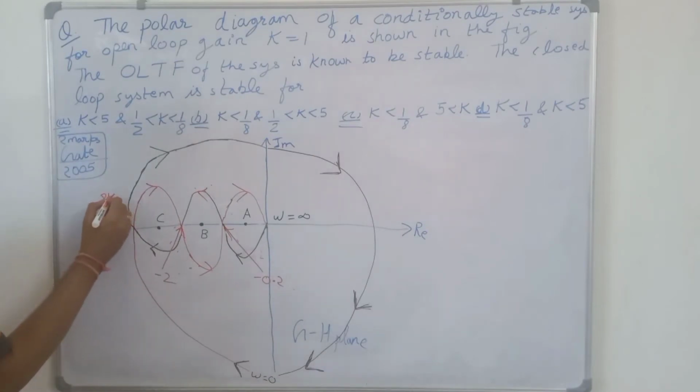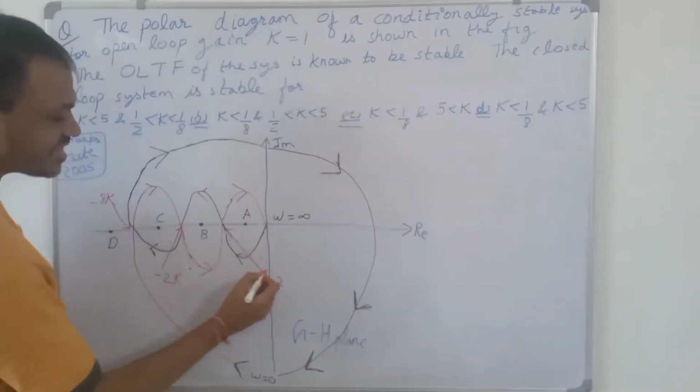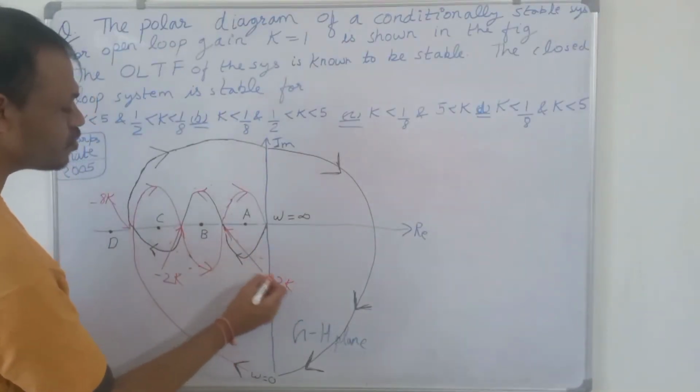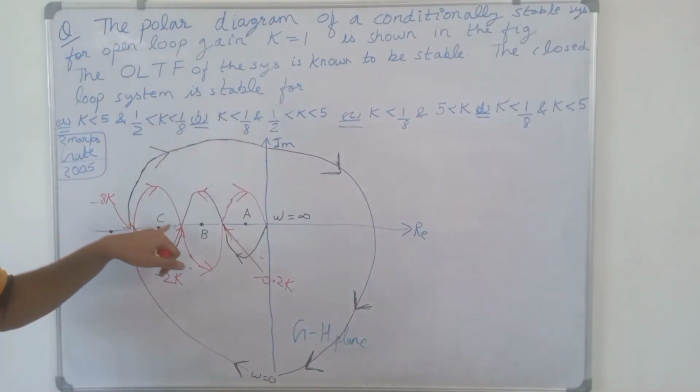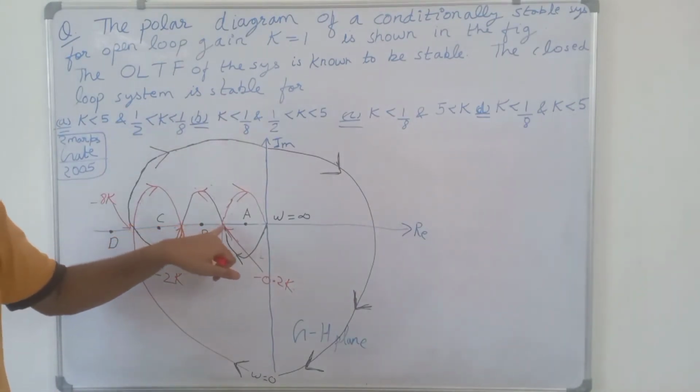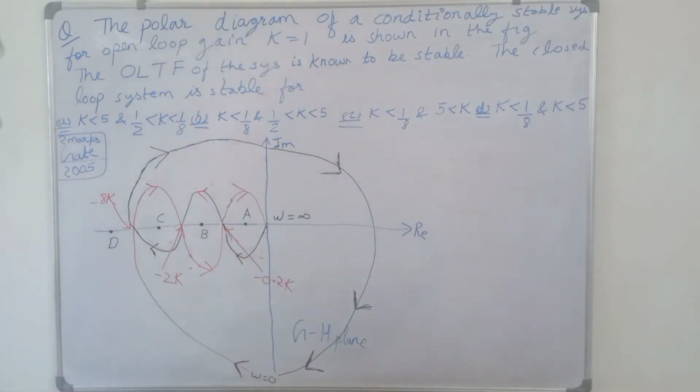So this point now becomes minus 8k, this becomes minus 2k, and this becomes minus 0.2k.